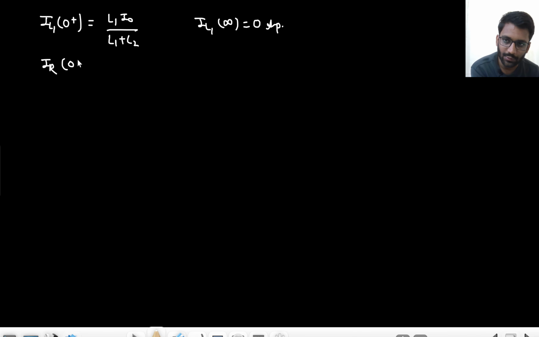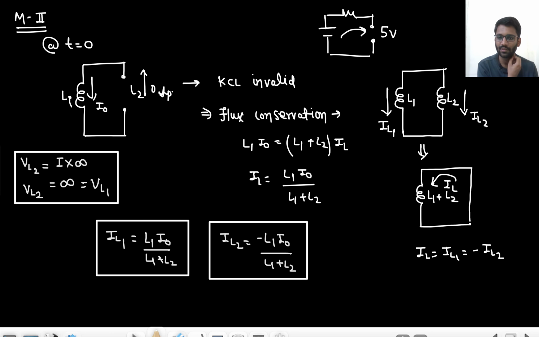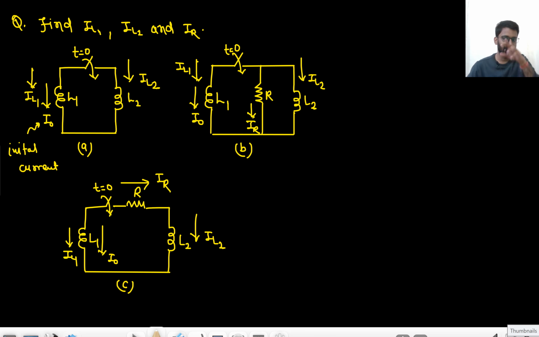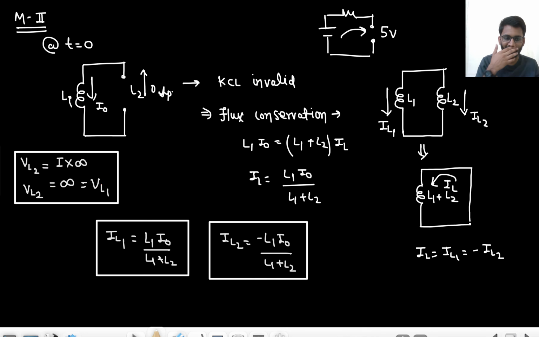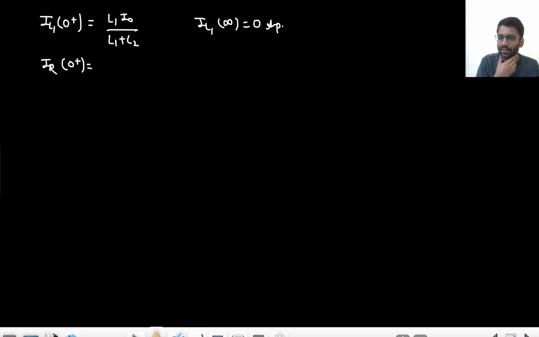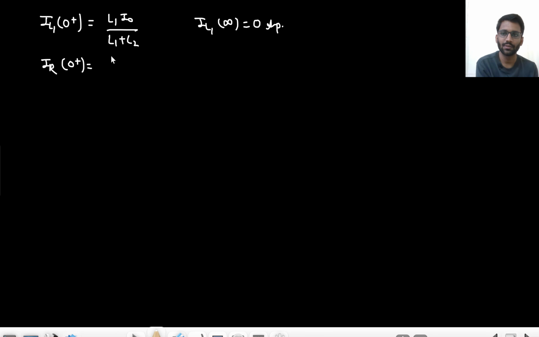IR at t equals 0 plus, what is the direction of IR I have made in the problem itself? That is more important. IR is flowing in this direction, that is the same as IL2. So in this problem, the direction of IR I have made like this, IR(t). So IR at t equals 0 is the negative of this, because this is our circuit now.